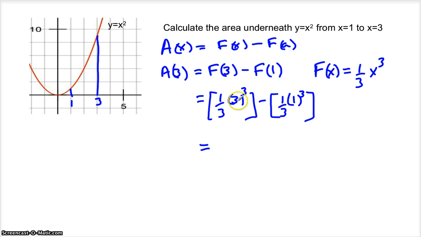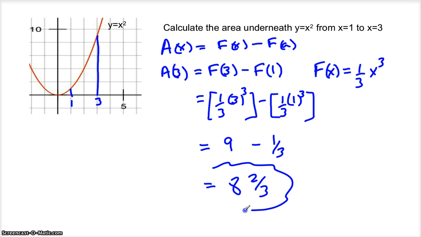So let's work this out. 3 cubed is 27, 1/3 of 27 is 9, minus 1 cubed is 1, 1/3 of that is 1/3, and 9 minus 1/3 is just 8 and 2/3. So this region here, bounded by x squared and the x-axis, to the left 1, to the right 3, is exactly equal to 8 and 2/3.